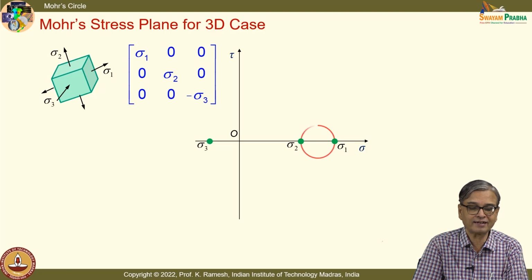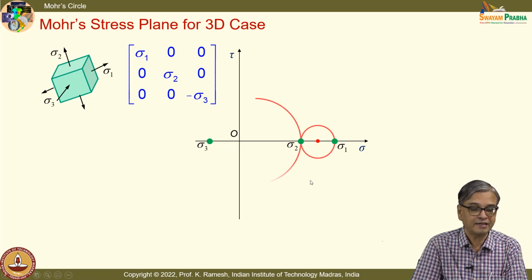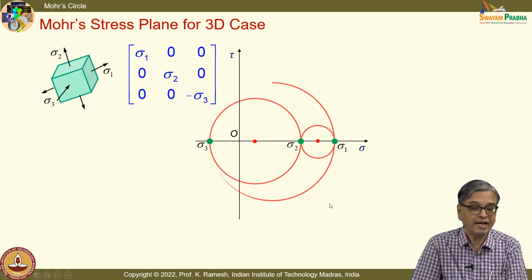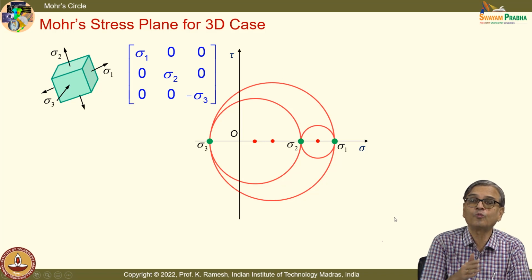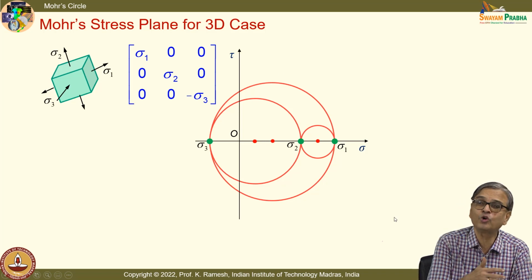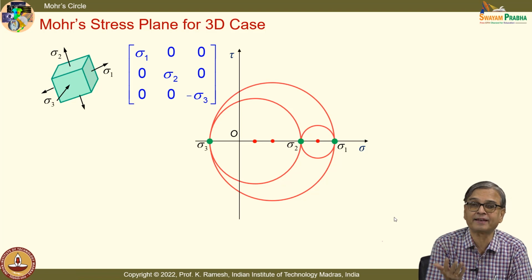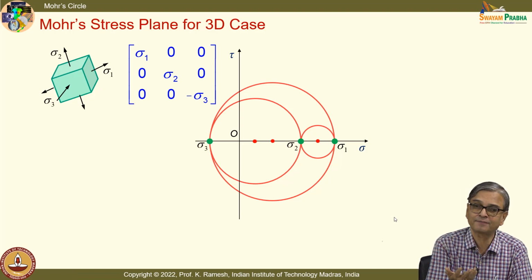So, I have the circle, this is what we have seen, and you draw the circle, and for points lying on the circle, you know what is the value of sigma and tau, and you also know how to locate the plane, that is straightforward.